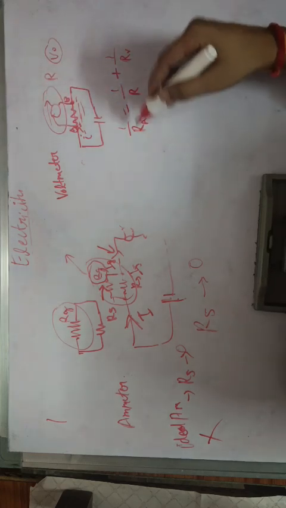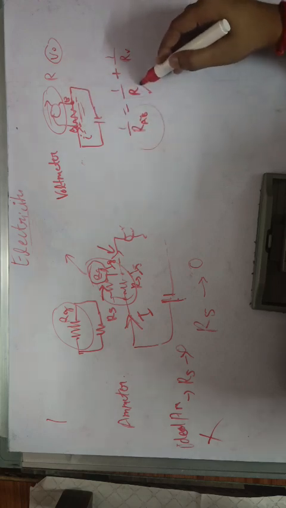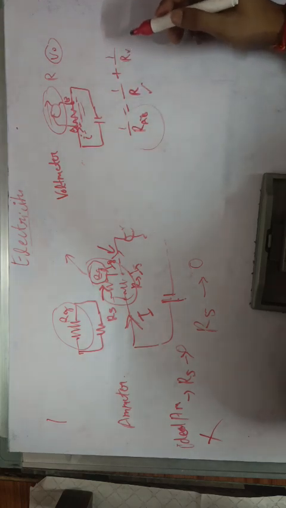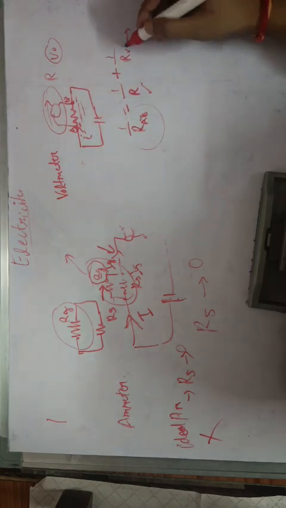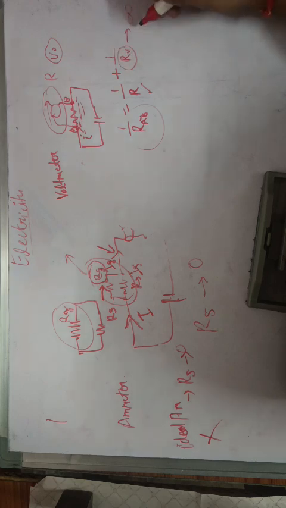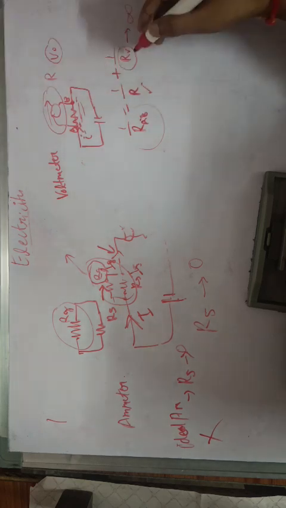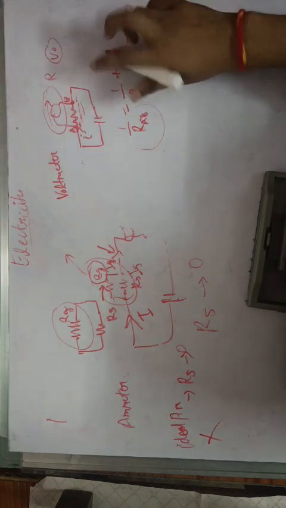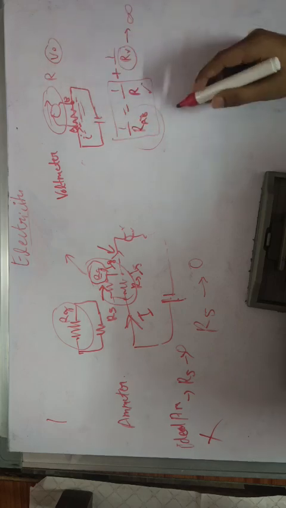So to make sure that the total resistance RAB remains R, we will need to make sure that this resistance value tends to be infinity, so that this value becomes 0 and 1 upon RAB becomes 1 upon R.